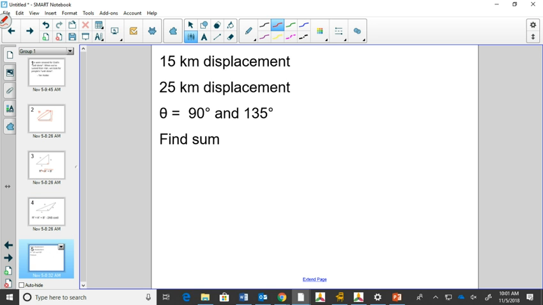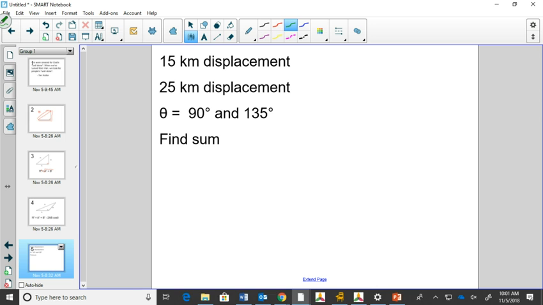Even though I know you all know how to do this, because this is old, easy algebra 2 that we're doing here. So, this time Jason's doing some walking, and he's going 15 kilometers in one direction, and then 25 kilometers in another direction. And we have two different angles we're going to calculate here.